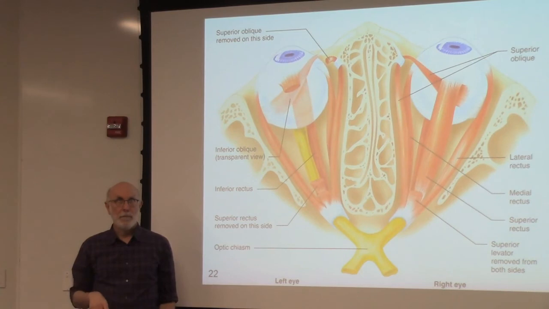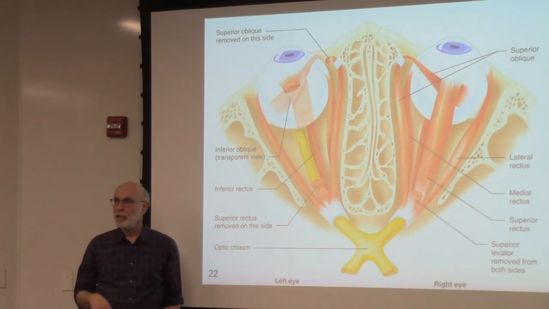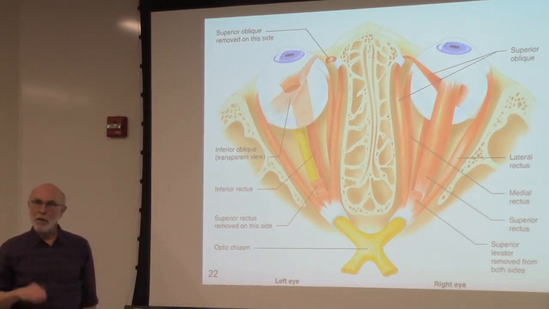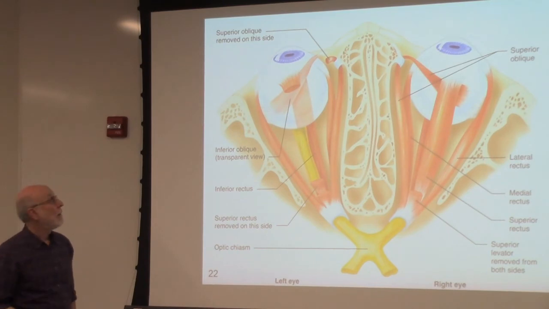I can look up. Can you see me looking up? Or you can see me looking down. When I look up, I am contracting my superior rectus and relaxing my inferior rectus. And opposite for looking down. So the superior and the inferior rectus are important for elevation and depression, and looking up and looking down of the eye.